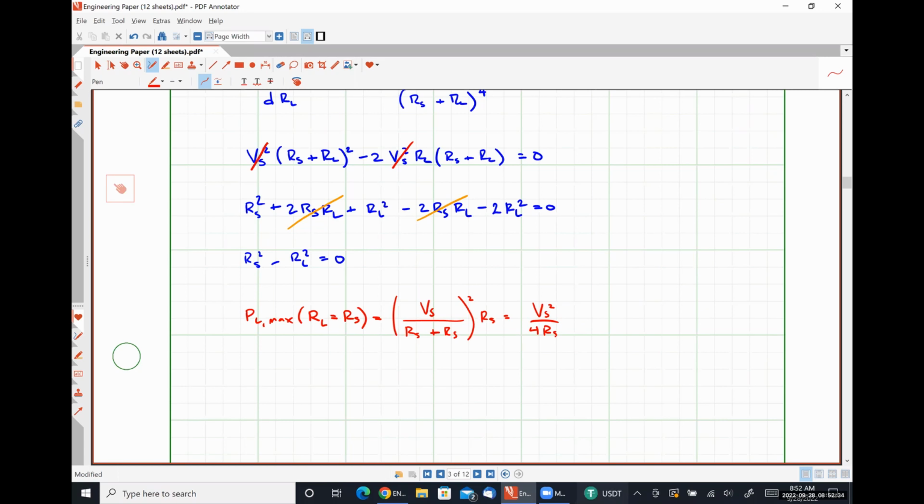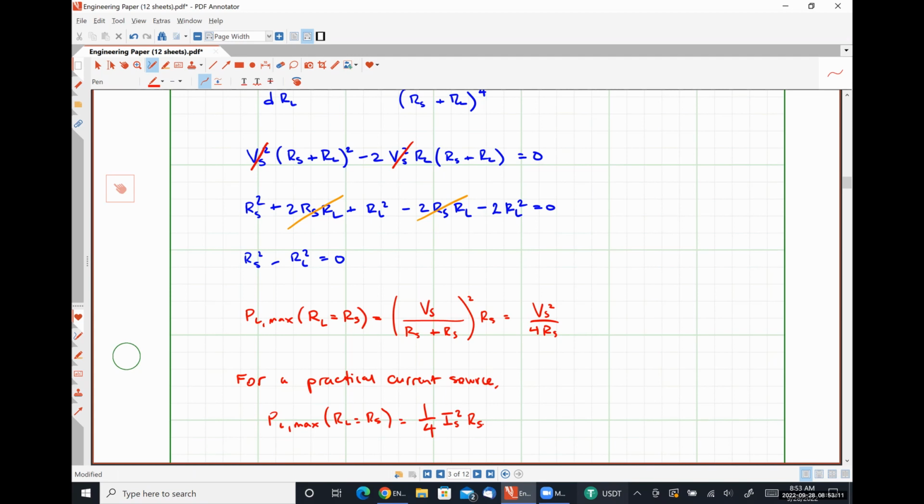And we would find that for a practical current source, PL max, where RL is equal to Rs, would give us the relationship 1/4 Is squared times Rs.